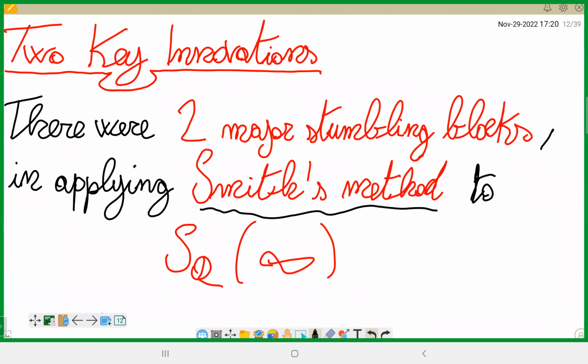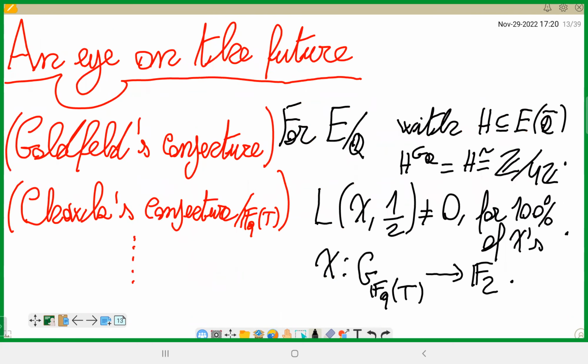So I will tell you more about this, and I just want to mention that the same difficulties appear in other seemingly unrelated questions, and one of them is Goldfeld's conjecture about quadratic twists of elliptic curves when they have a rational point of order 4 or a rational subgroup of order 4.